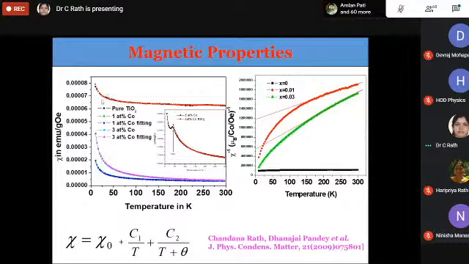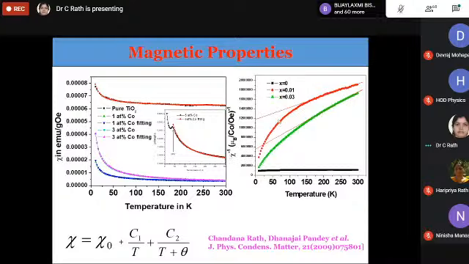TiO2 is diamagnetic, so we should not expect any temperature dependent susceptibility. However, one can see it shows a paramagnetic kind of behavior, but it is not exactly paramagnetic. It is a contribution of both para and antiferromagnetic contributions, and that we calculated from this C versus T.